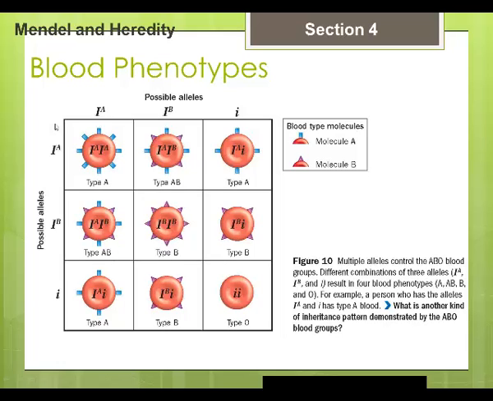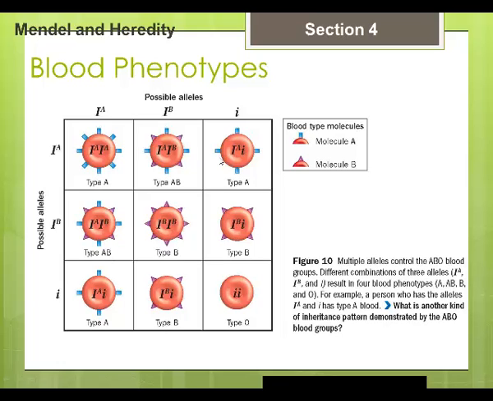If you get the blood type molecules from mom and dad that are type A, you end up type A. If you get a type A from mom and a type B from dad, or vice versa, you end up type AB. If you get a type O from one parent, but then also get either type A or type B from the other parent, then dependent upon what you get, type A or type B would be your blood type.